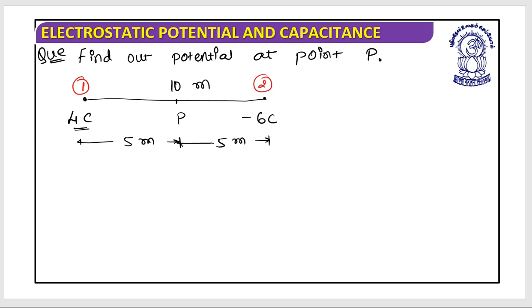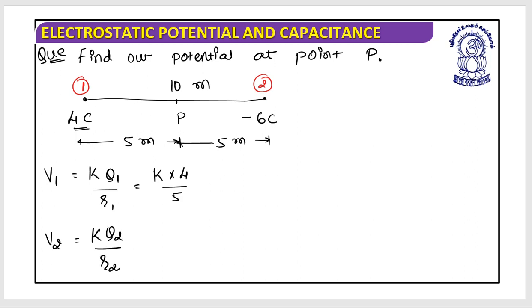When I consider these two charges, the potential due to the first charge would be equal to KQ1 divided by R1. So this is equal to K multiplied by 4 divided by 5, and the potential due to the second charge is KQ2 divided by R2, which is equal to K multiplied by minus 6 divided by 5.